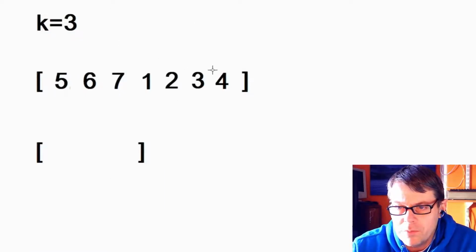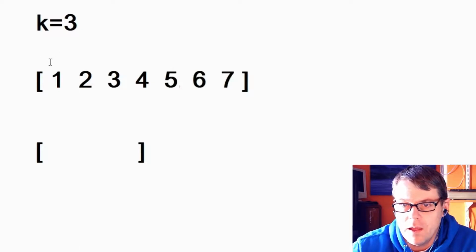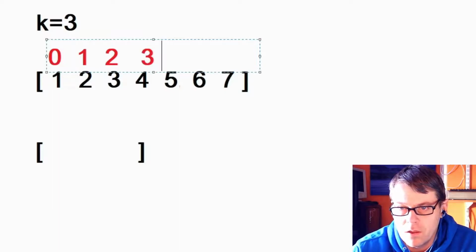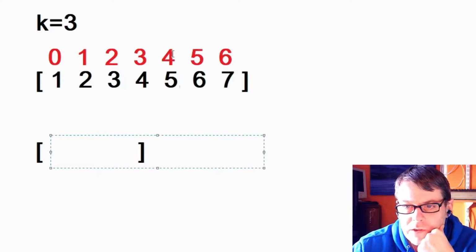So our loop is going 0, 1, 2. And the index of this array, I'm going to write in red. Okay, so we want the values here to be the index at 4. The length of the array is 7, so we want to say 7 minus k for the first value, and then we want to add the i in the loop.